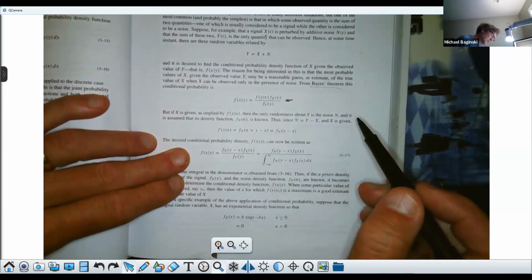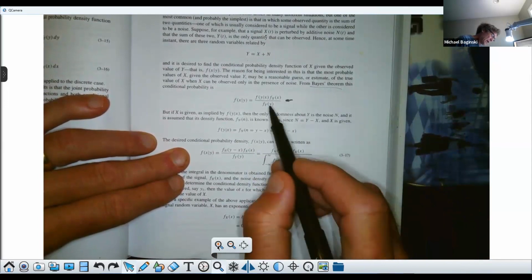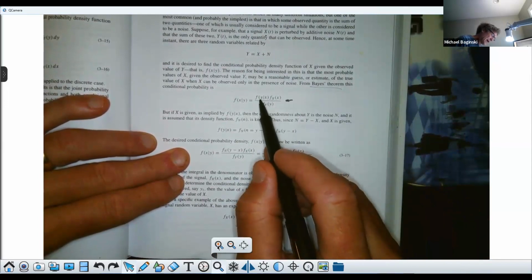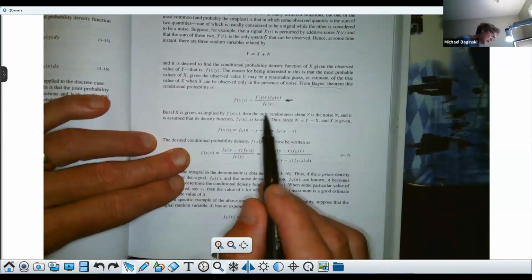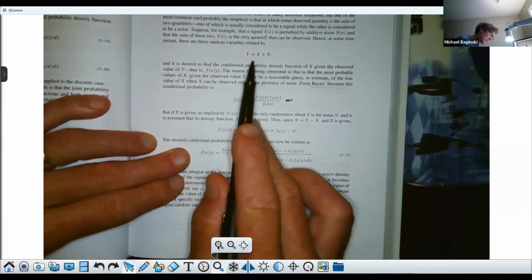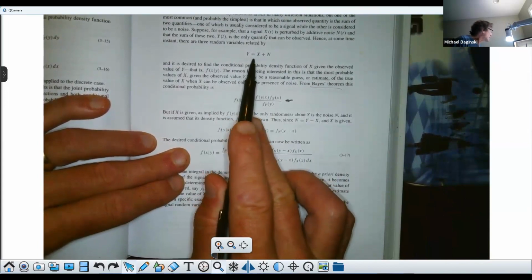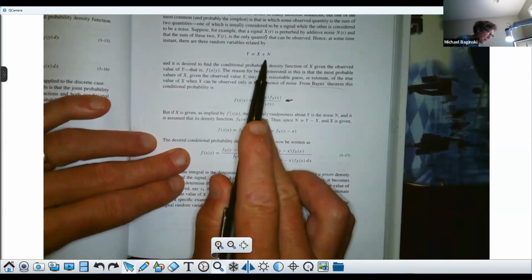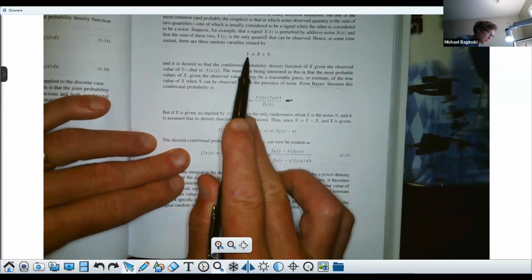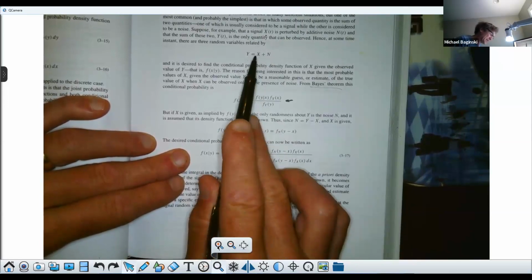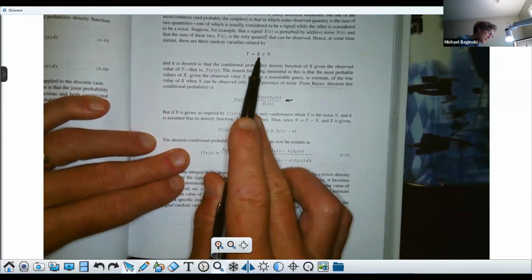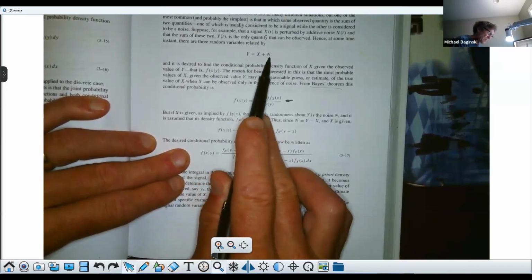We have a value of Y and we're trying to estimate the value of X. Remember this statement right here: Y is X plus N. If we observe X, which is impossible, if we knew X, then the only randomness in Y would be the noise.